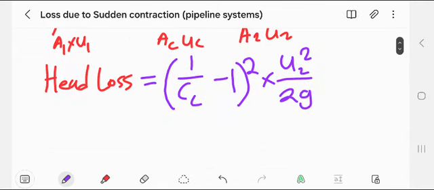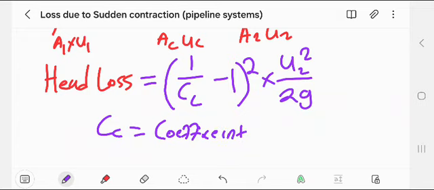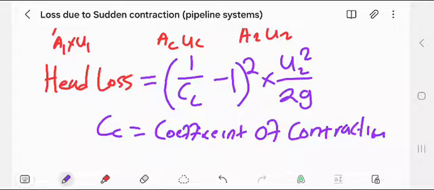What I'm trying to say is, Cc, you must know this, it's the coefficient of contraction. If they've given you a coefficient of construction, use this formula.